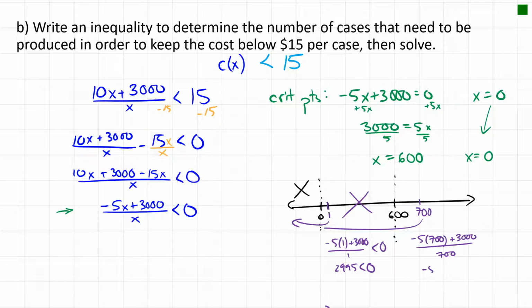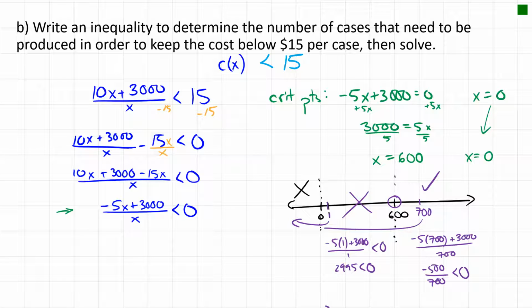That's -500. -500 over 700. I'm not even going to worry about calculating that as a decimal. I can see that that's a negative number, and it's a negative number that is always going to be less than 0. So that region to the right of 600 works.